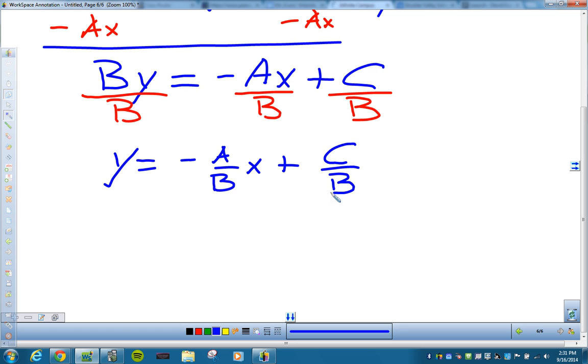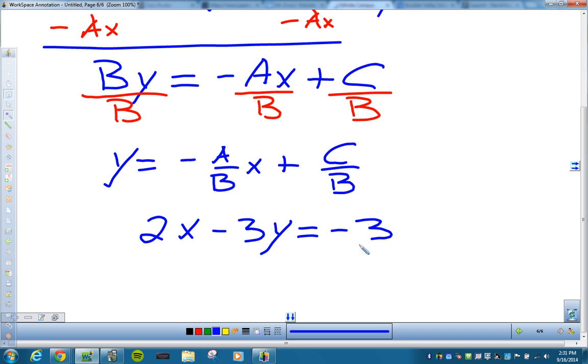Okay, so if I look at that equation we had, it was 2x minus 3y equals negative 3. What's the slope? Raise your hand if you know. Don't say it out loud, raise your hand once you know the slope. What's A? A is 2, B is -3, C is -3.